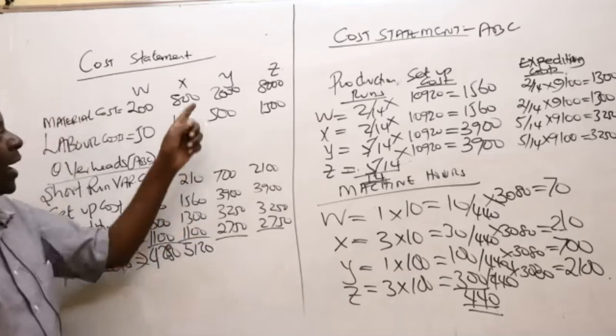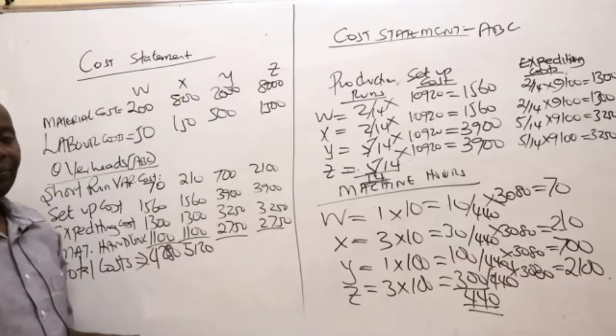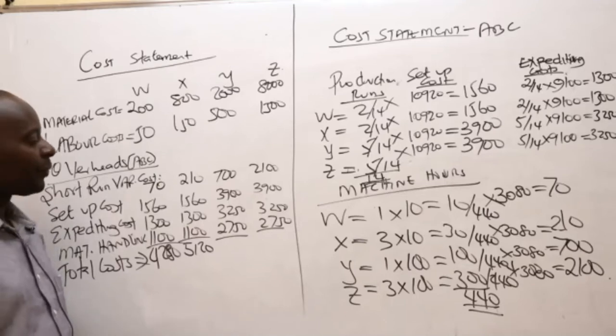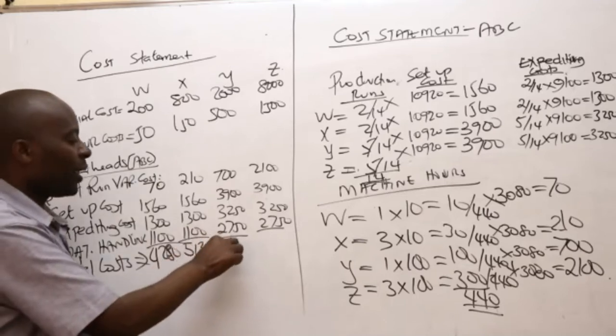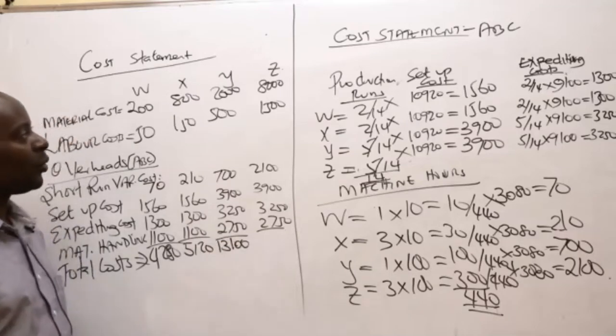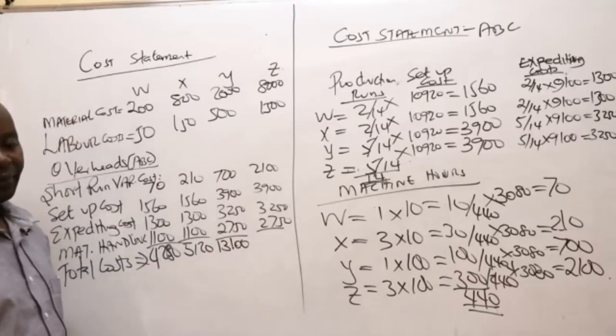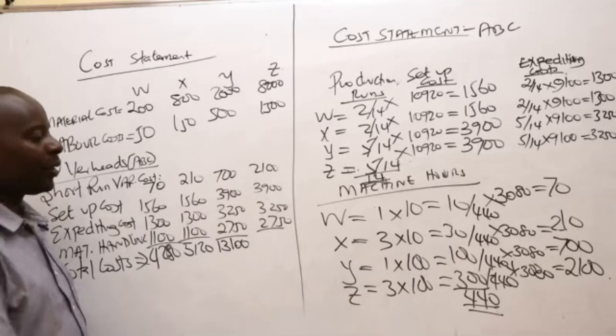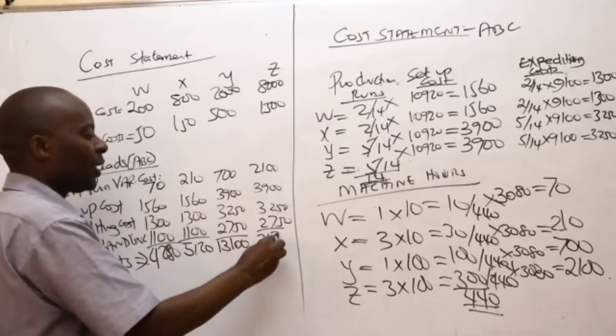And then Y, at the end of the day, what do we have? 13100. And then lastly, Z, what do we have at the end of the day? 21500. Thank you very much.